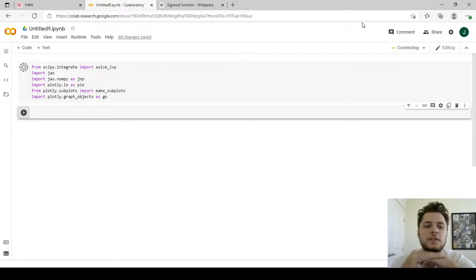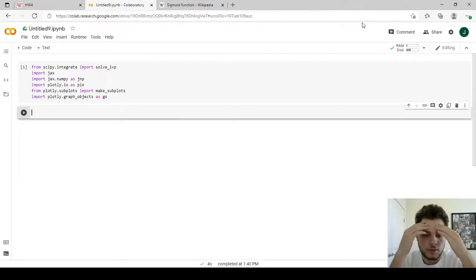There. So that's everything I want to import, basically just helping me either make the plot or calculate my functions.